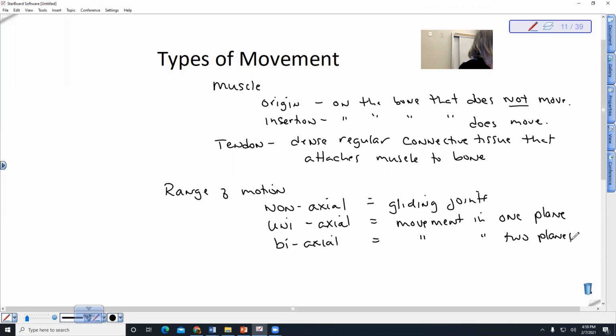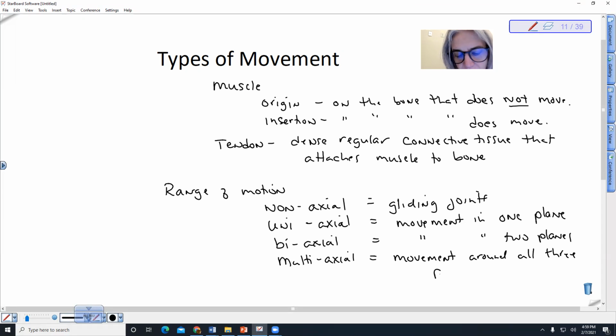And then we have what is referred to as multi-axial, and this is like movement in and around all three. So for example, my shoulder joint is an example of a multi-axial joint because it has so much range of movement. So this is a movement around all three planes.